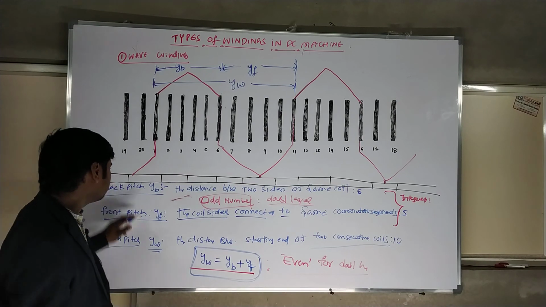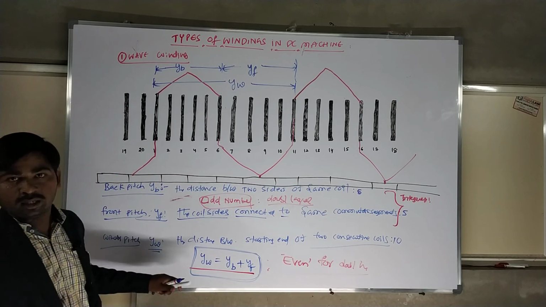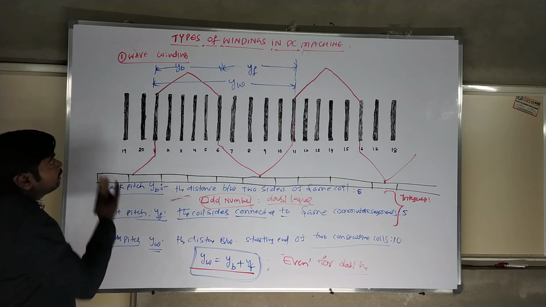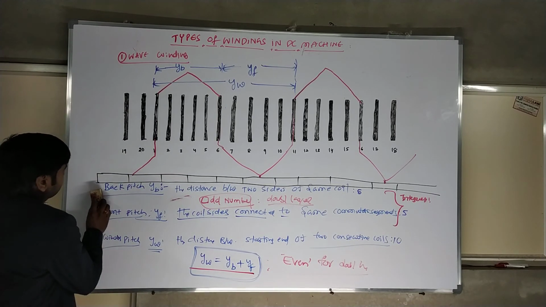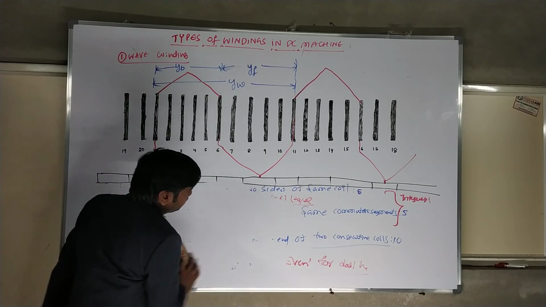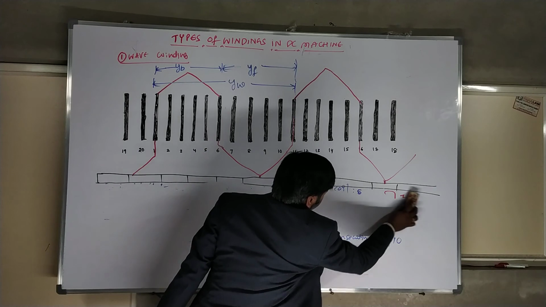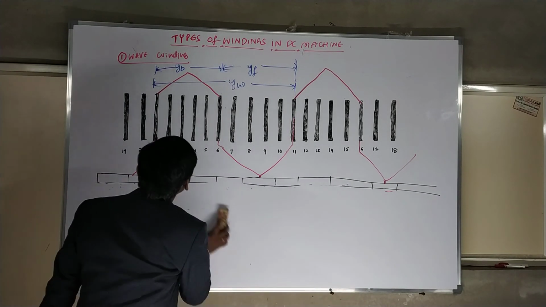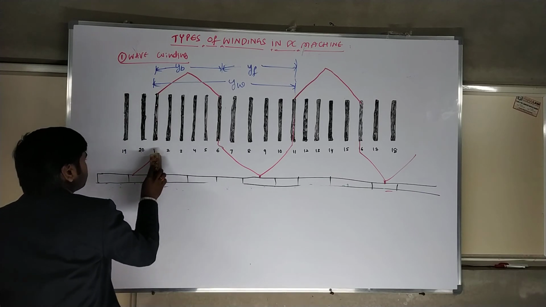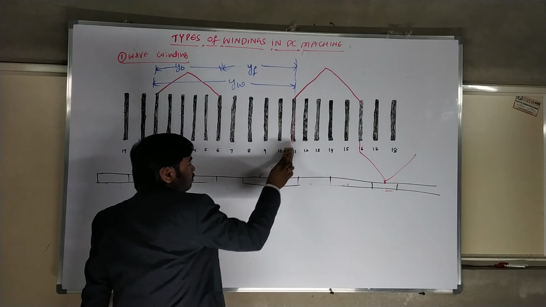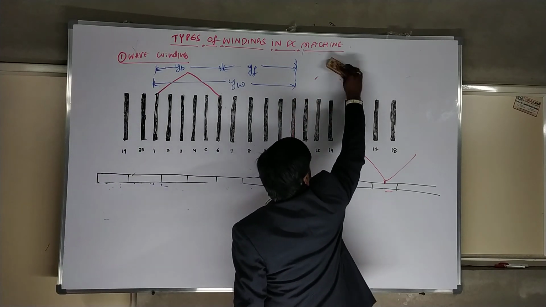Next, the winding pitch, back pitch and front pitch can be expressed in terms of number of slots, as we can see here. So this is wave winding, very clear. The winding topic should be understood very clearly, because it is a very interesting topic in electrical engineering.